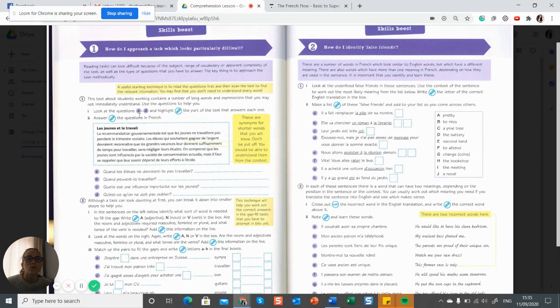Then again, don't jump on the keywords. Once you've read your question and you see a keyword that vaguely relates to it, don't just write it down.